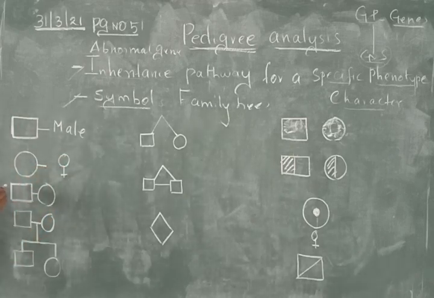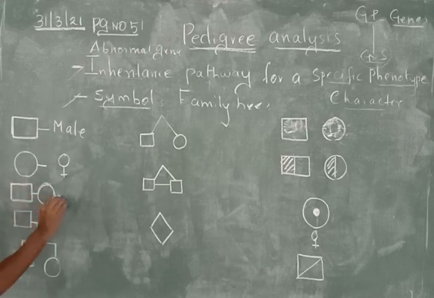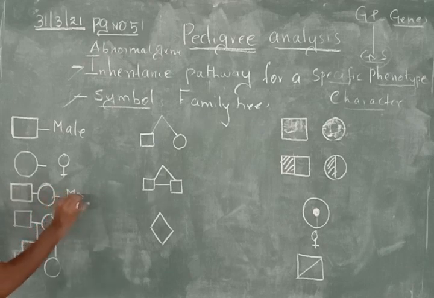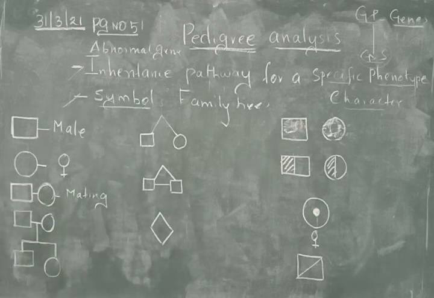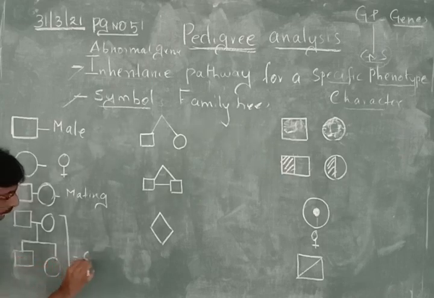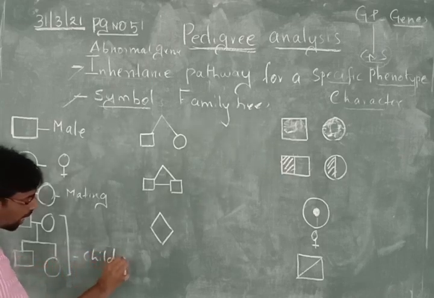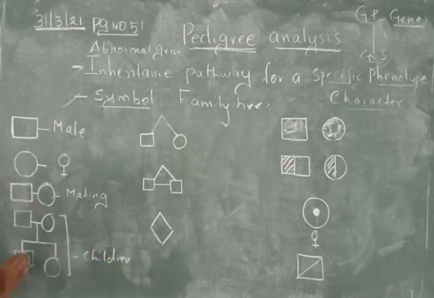If you find one square and one circle connected with a small line, this is the mating, that is the parent, the mother and the father. Here this parent has got two children, one male and one female.